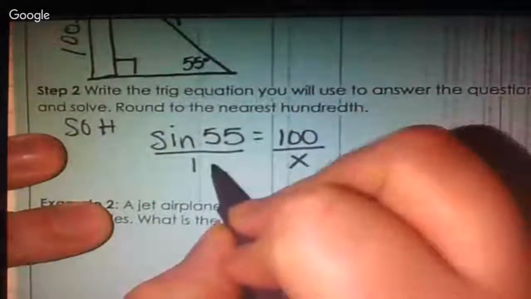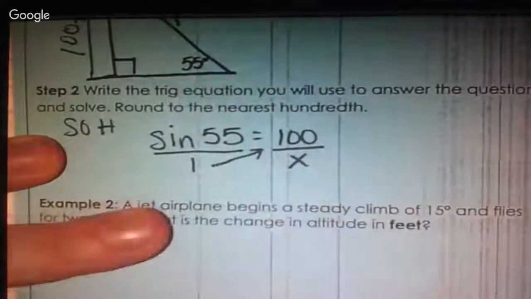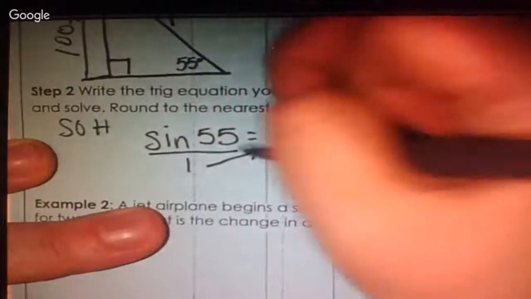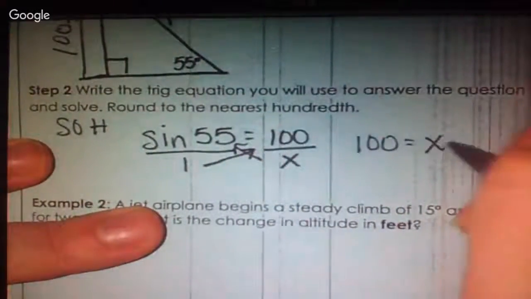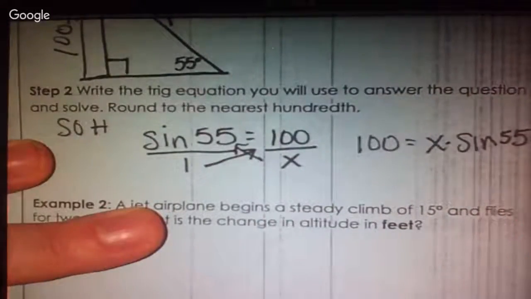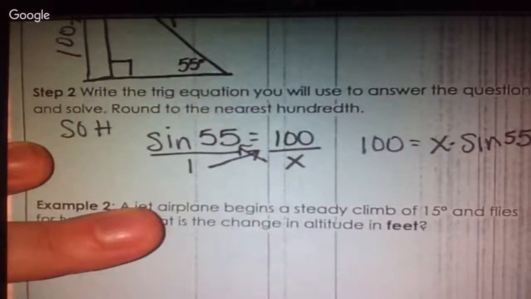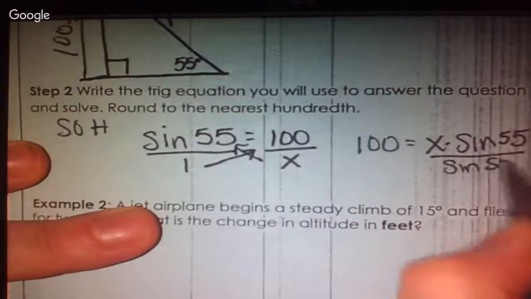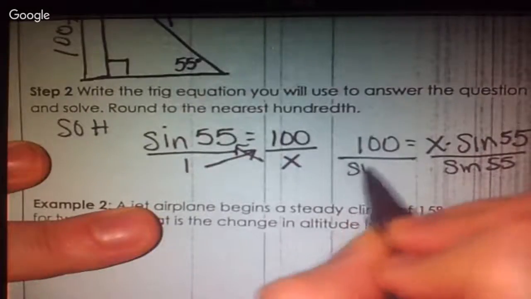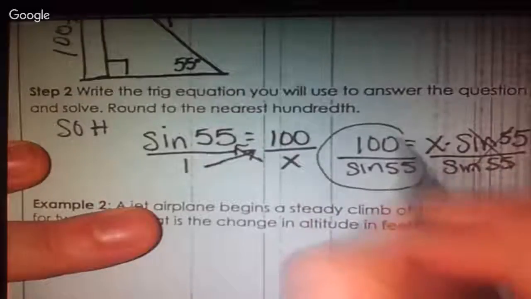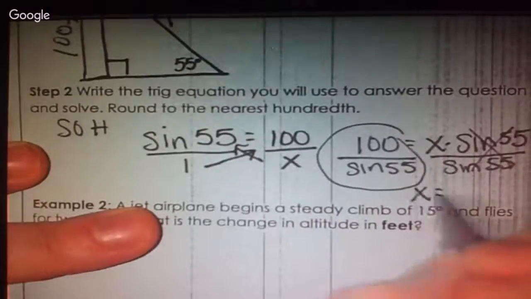When I cross multiply, 1 times 100 equals X times the sine of 55. To get X by itself, we must divide by the sine of 55. These cancel. Plug this into your calculator to get your answer.